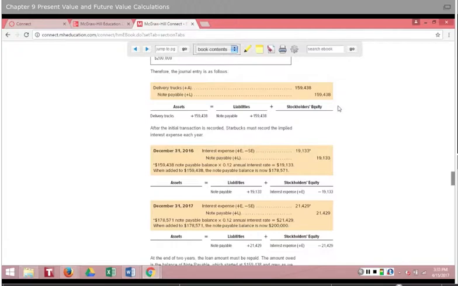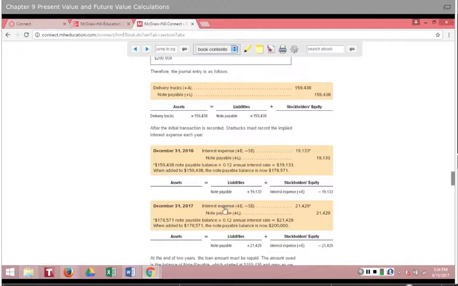So what happens is the liability increases from $159,438. It will increase by the $19,133, and so it'll be $178,571. And that $178,571, when multiplied by 12% at the end of year 2, will compute interest expense of $21,429.